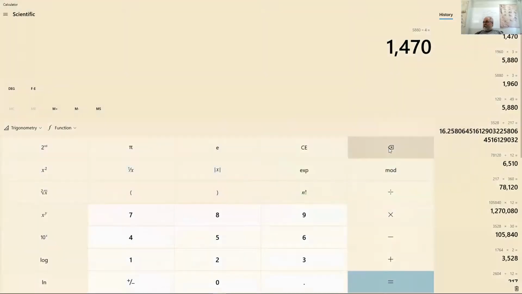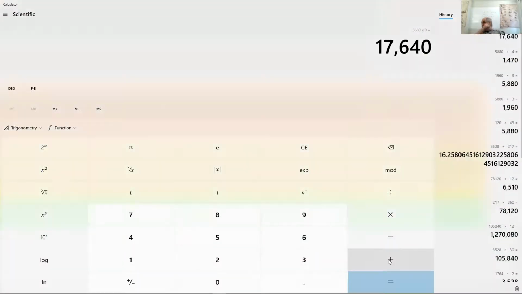So I'm going to go back here. 5,880 times 3. So what number is this? So I took that number and I multiplied it by 3. So what does that mean? Well, it's 10 times the period from 34 AD to 1798.